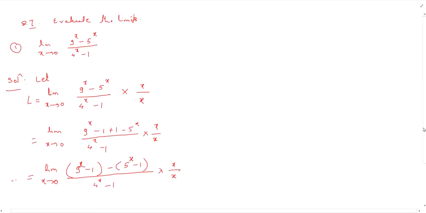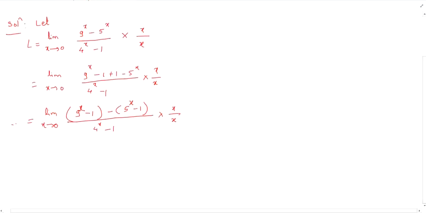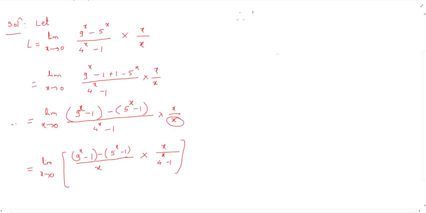Now if we continue the same example, L is equal to limit x tends to 0, writing the terms according to our requirement, (9^x - 1) minus (5^x - 1) upon x, this x is used there, into x by (4^x - 1). Okay.